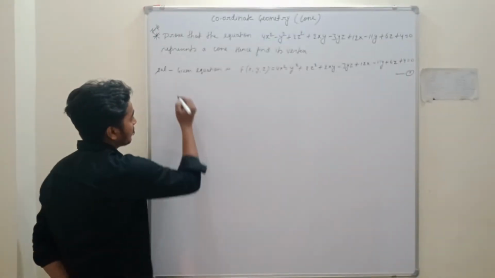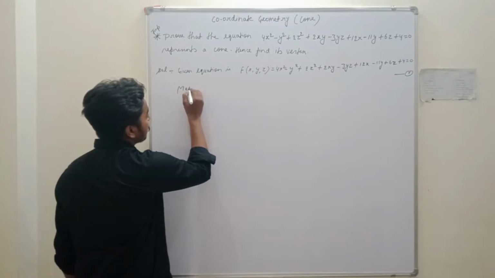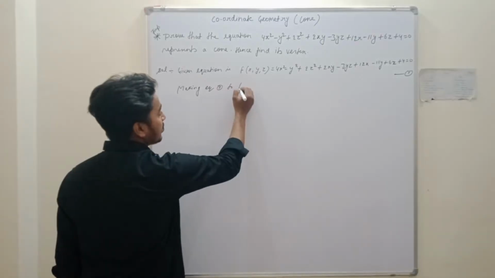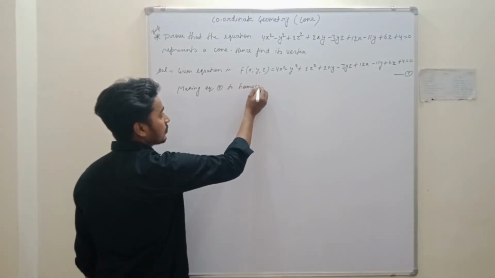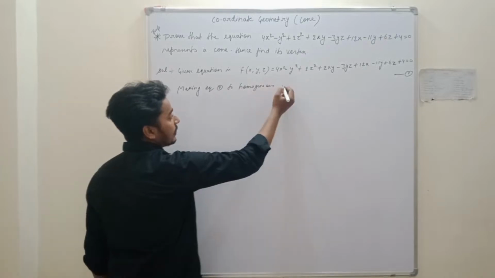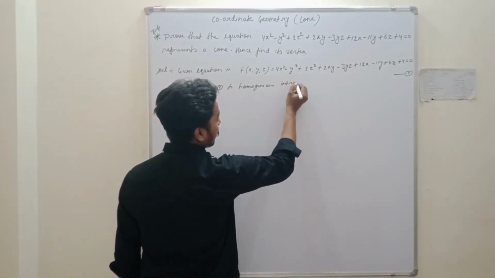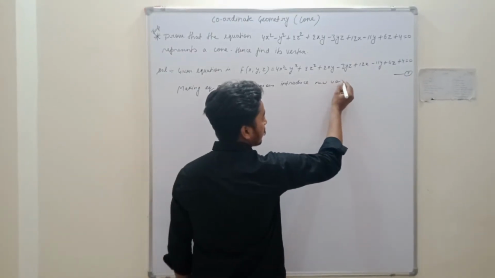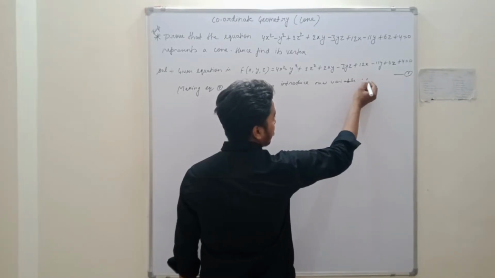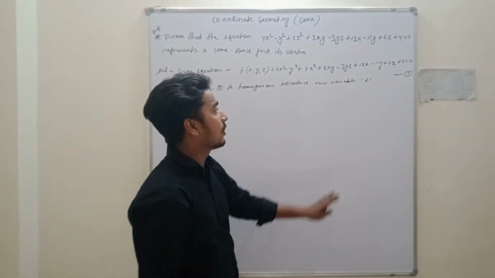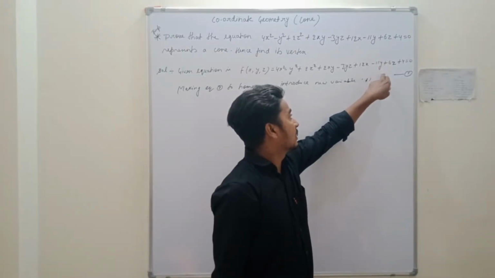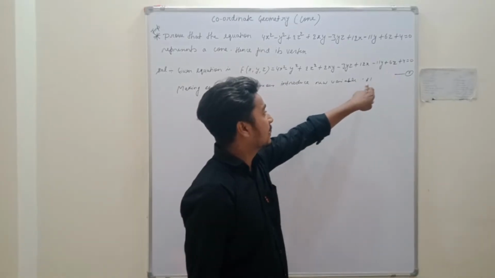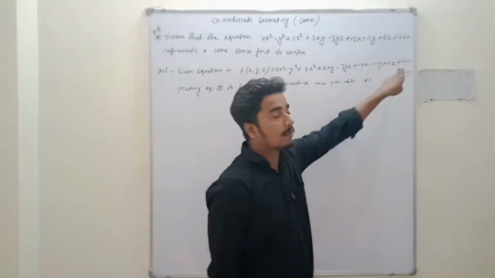Making equation 1 homogeneous, we introduce a new variable t. So we multiply the term 12x with t, −11y with t, and 6z with t, and 4 with t².